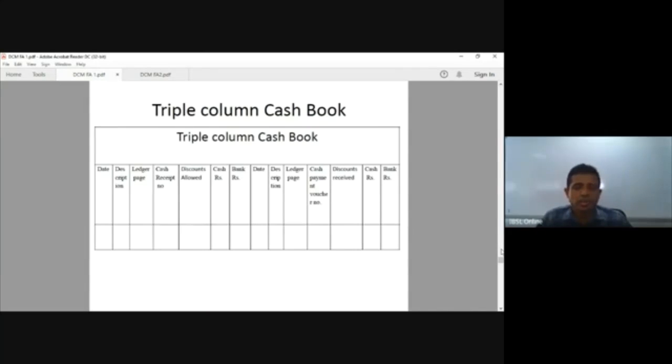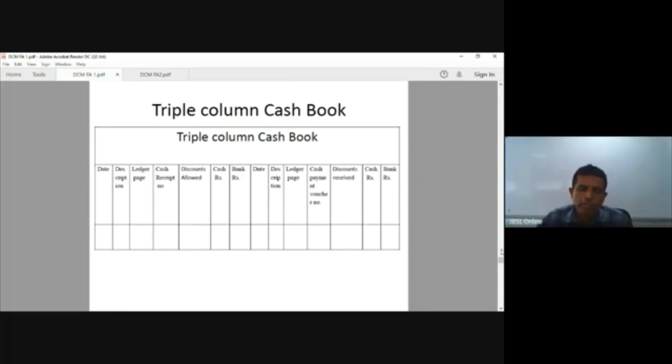If I have time, it would be better to do some examples, but due to the interest of time, I may not be able to do examples for triple column cash book, double column cash book, single column cash book, and even these subsidiary books. If you are interested, you can go to any A-level commerce students' teaching materials. They have enough examples, right?